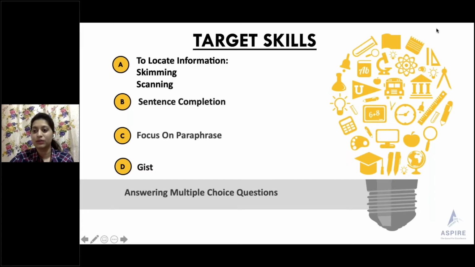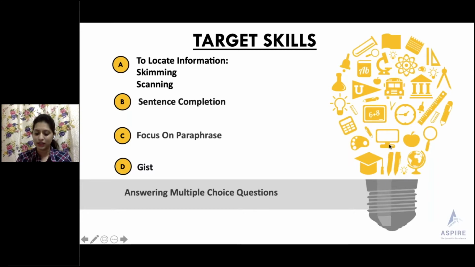There is one important tip that I would like to give. If you take more than 40 to 45 seconds to find an answer, and you still haven't found an answer for a particular question in the reading module, please move on to the next one.